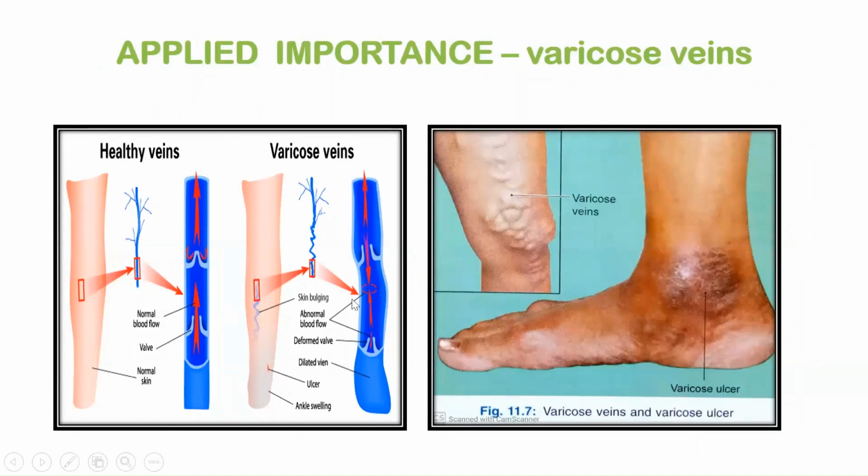Here the valves, because of their incompetency, are now getting dilated, resulting in the formation of varicose veins, that is, dilated, elongated, and tortuous veins. Soon, because of the varicose veins, there will be formation of varicose ulcer. That is, the skin over the area lacks nutrition, develops an ulcer, and it can even bleed.